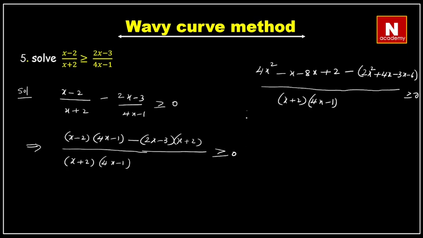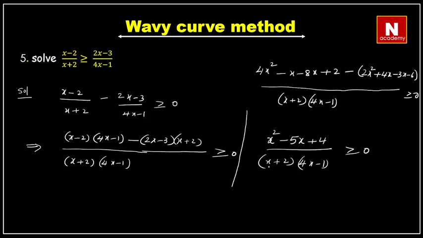Now finally the numerator, after simplification we will get x square minus 5x plus 4 by (x plus 2) into (4x minus 1) greater than or equal to 0. Now factorize the numerator.